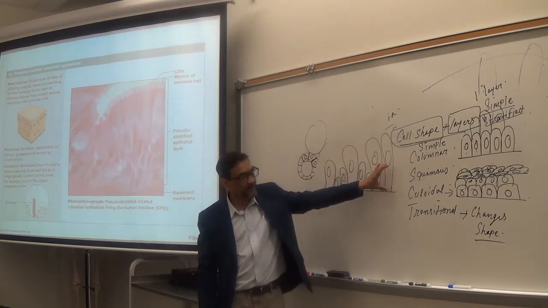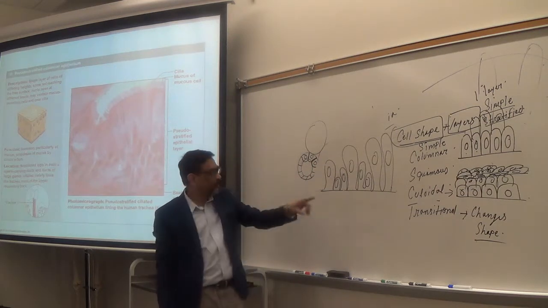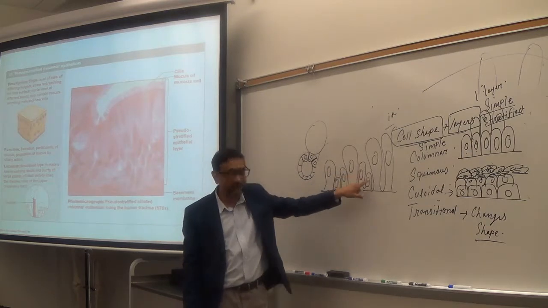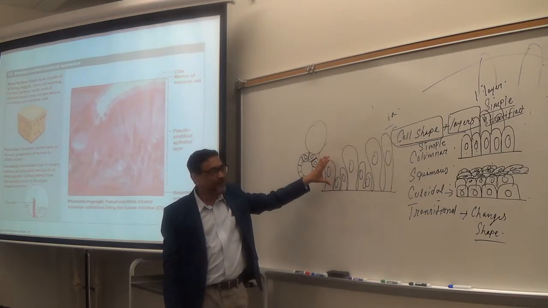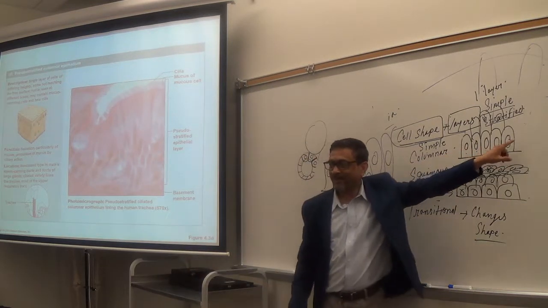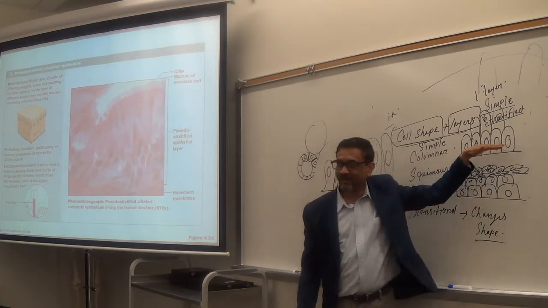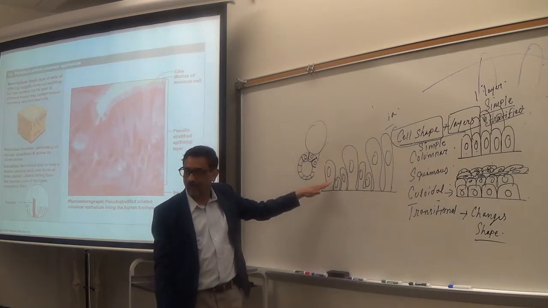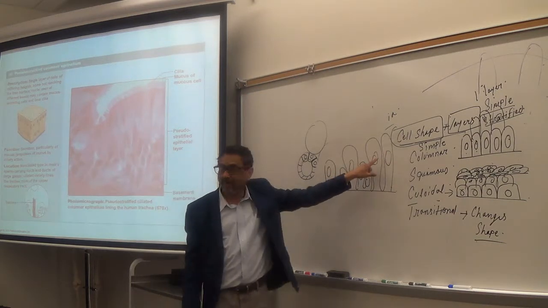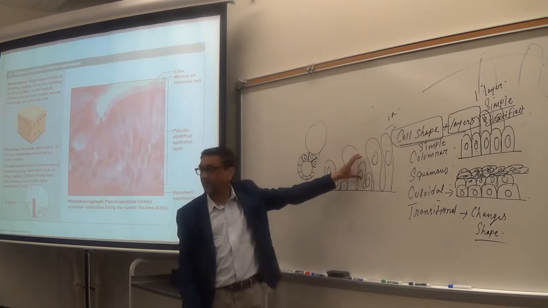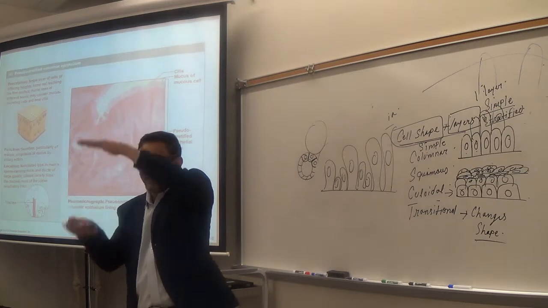How many layers here? Only one layer. But the height is different, right? So the nuclei are also located in different locations, right? So if you see this under the microscope, in the simple case it is easy, right? All cells same height, nuclei are located in the same locations, right? This is simple, one layer of columnar, but when you see it under the microscope, it will give you an impression of multiple layers, because nuclei are like this and height of the cells are like this.